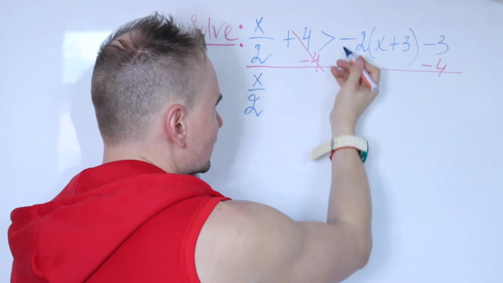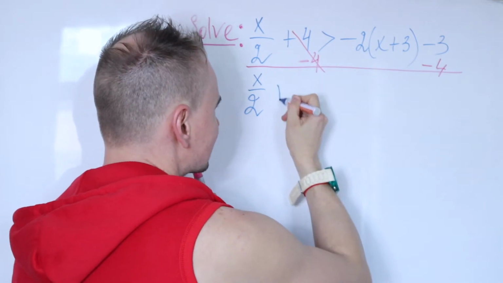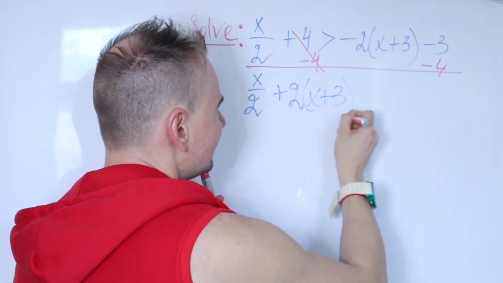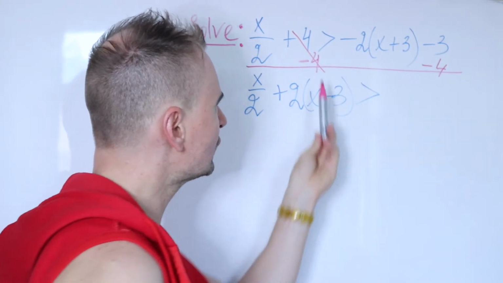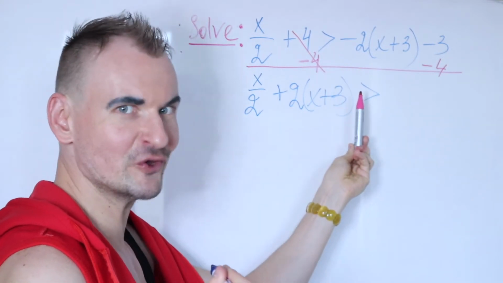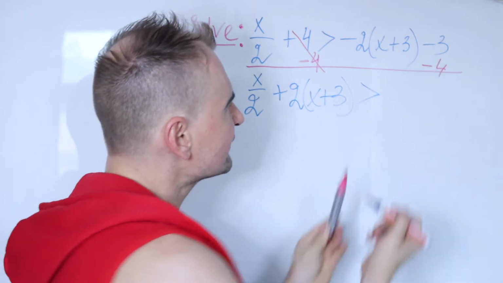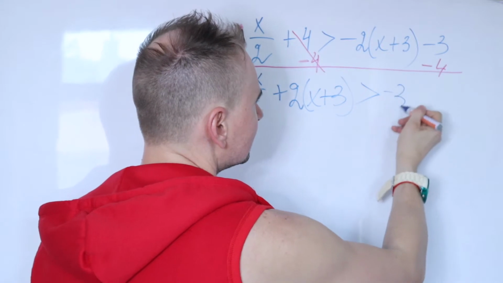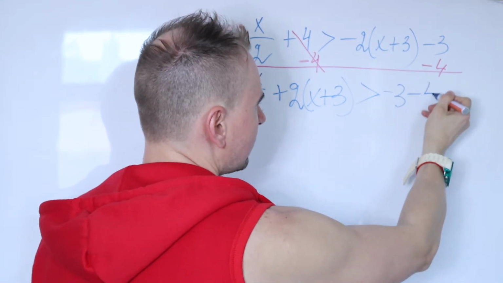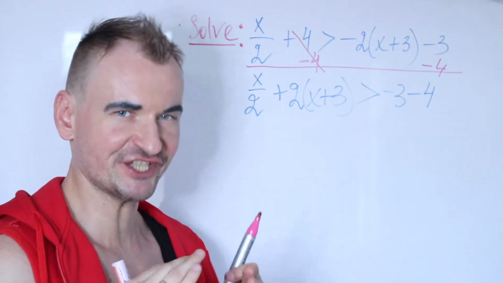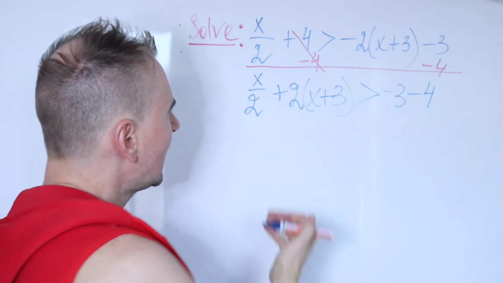So you have to switch the sign, so it becomes plus 2 times (x plus 3). You keep the sign of your inequality as is. You don't want to change it. You still have negative 3 there, and you subtract this 4. Now, things are getting better and better.